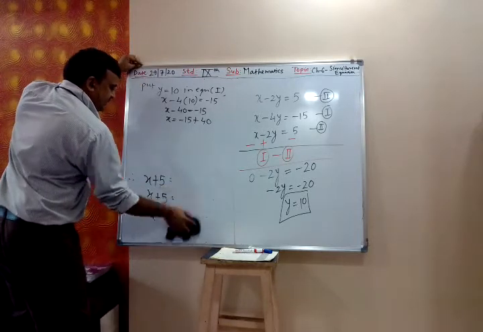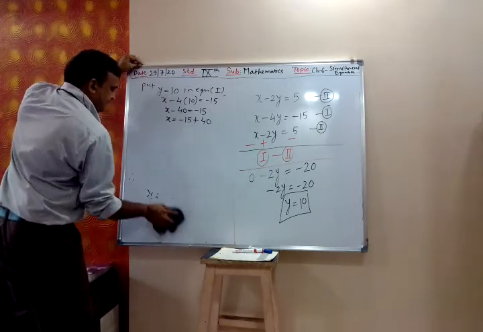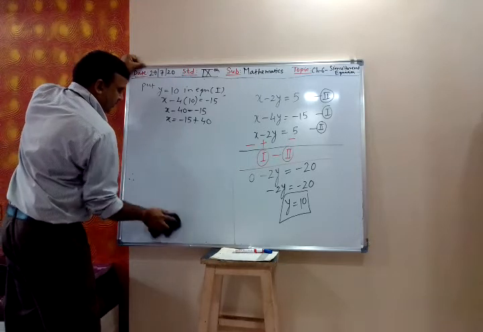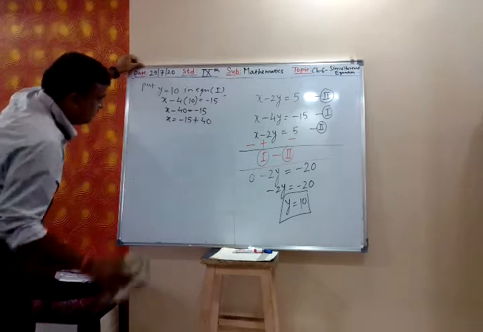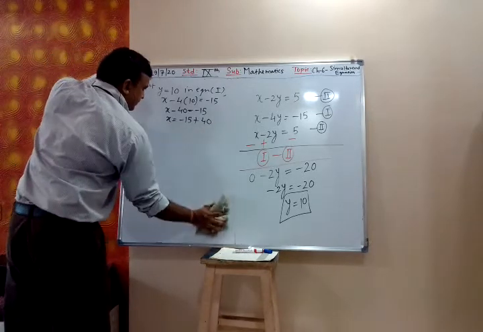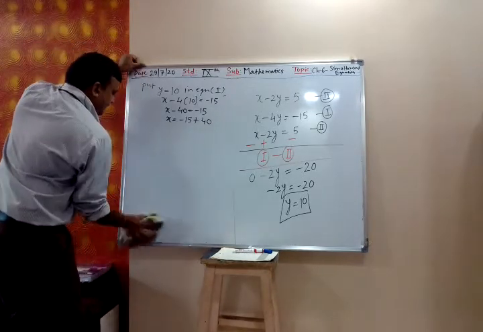So we write the answer in terms of age. What is x? A is age, A is present age. So x is minus 15 plus 40, which is 25.